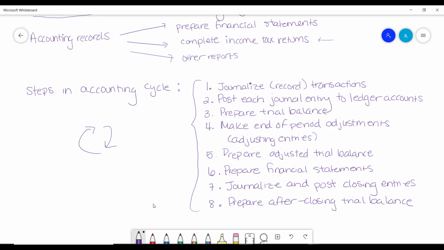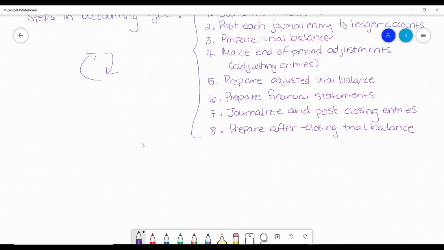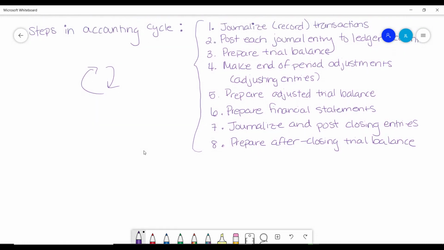Although this accounting cycle seems daunting now, we're going to go through all those steps and figure out how to do all of that. That's why the foundational knowledge of these first 3 chapters is going to prove very helpful and very important.